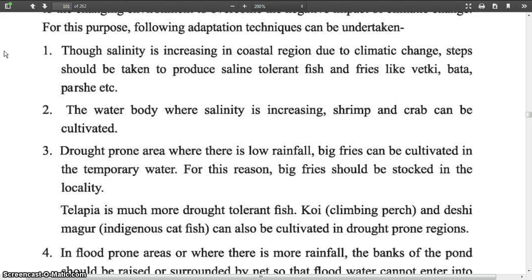The northern part of Bangladesh is highly drought prone, such as Nauga, Chapainababganj. They are drought prone because they have low rainfall.